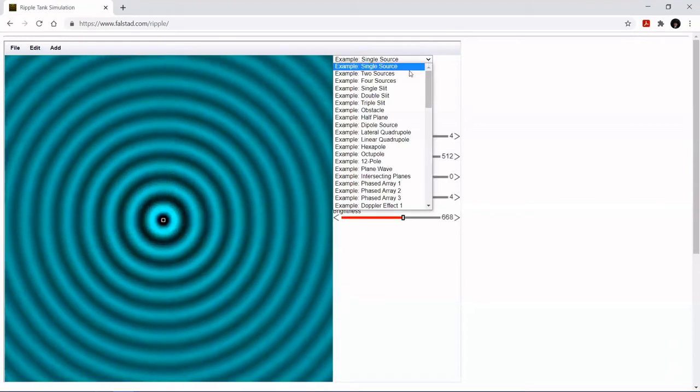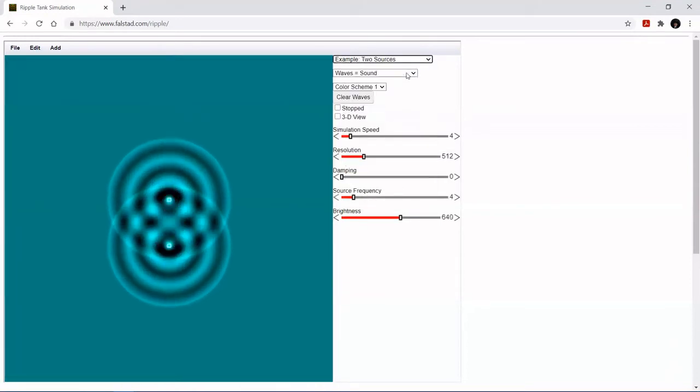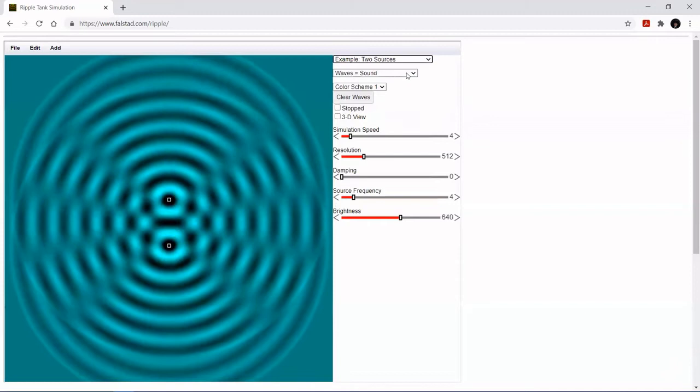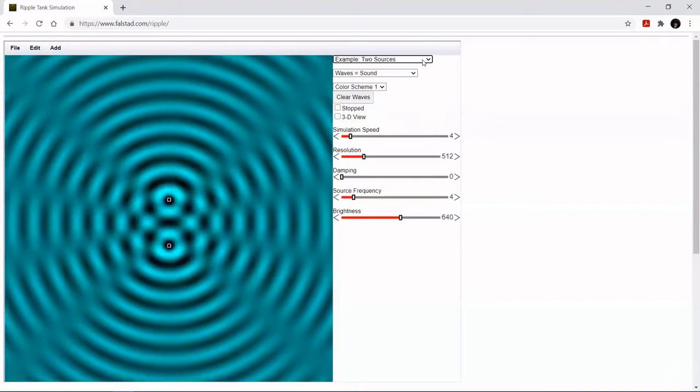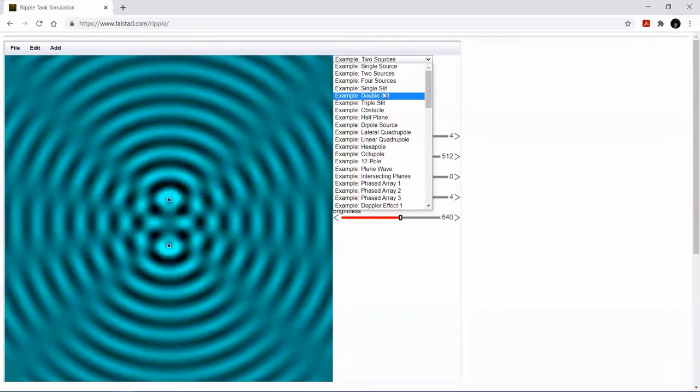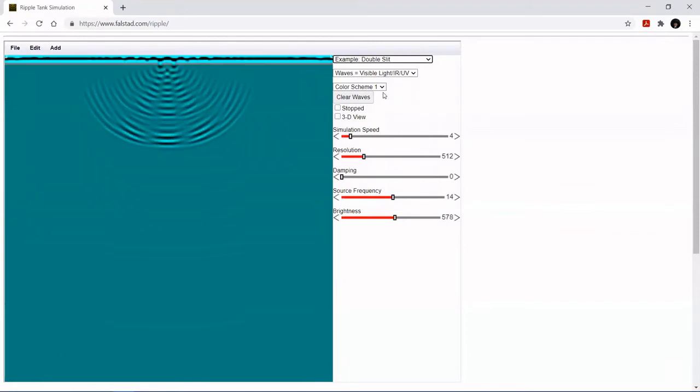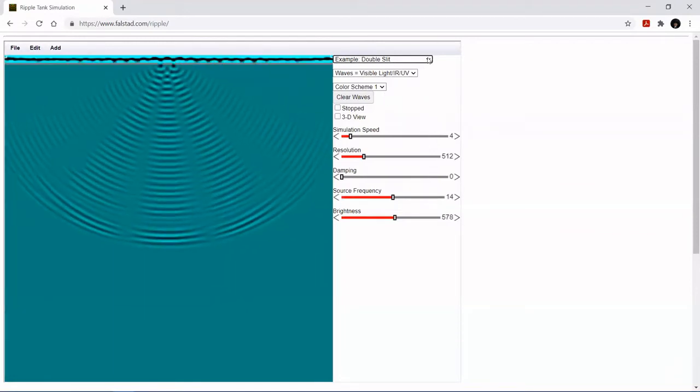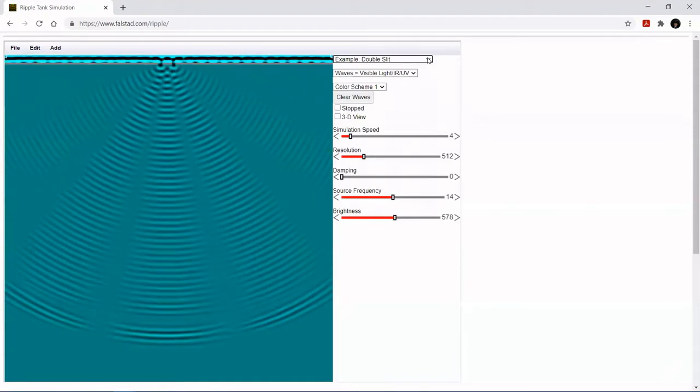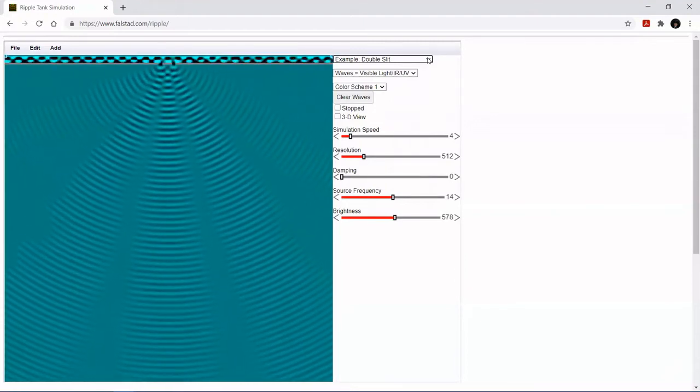And later we'll take a look at two sources, and we'll talk about this very common wave phenomenon called interference. We'll talk about the famous double slit experiment, which plays a pretty central role in our very introductory look at the Schrodinger equation.